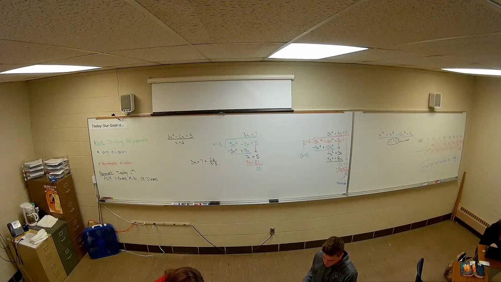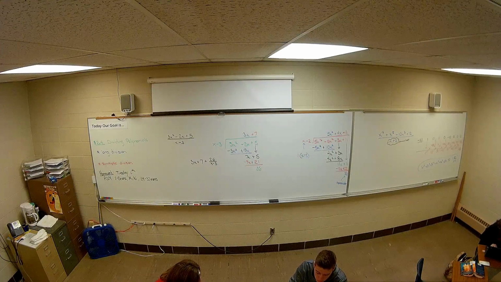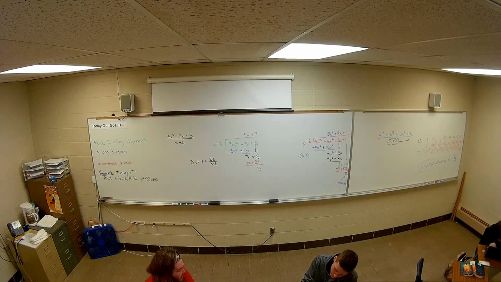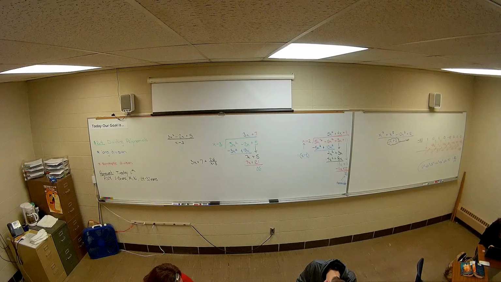Hold on, I'm reading the problem. Read 4. X to the third minus 2x squared minus 5x plus 6 divided by x minus 3. Yes. Yeah.